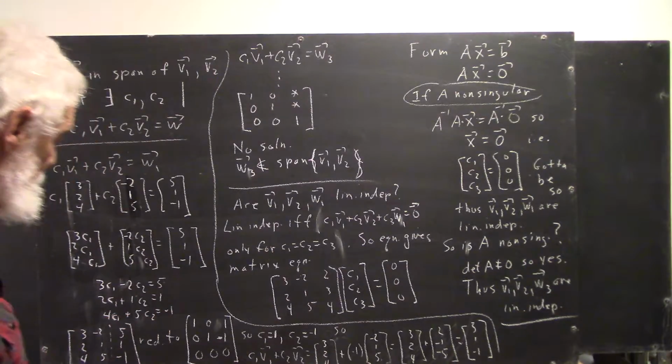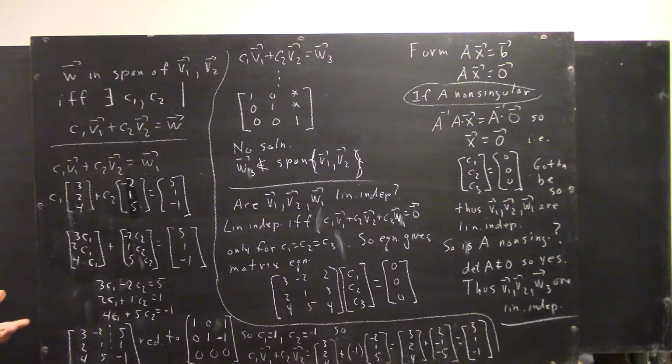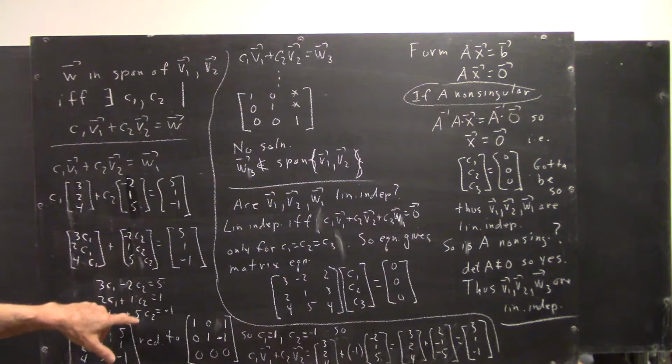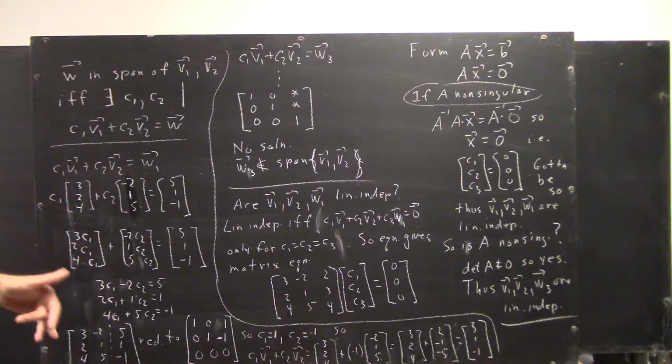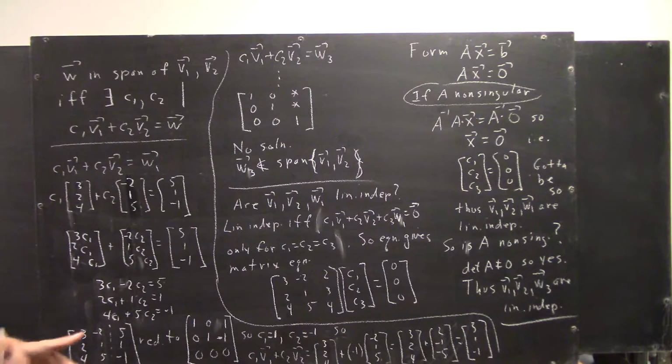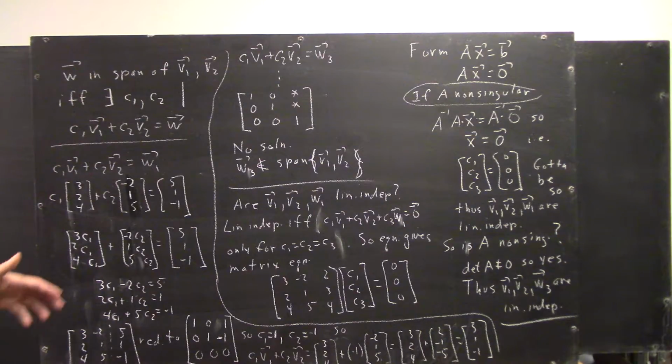Okay, well, this gives us an augmented matrix. We could also write it as a matrix equation. We don't get a square matrix, so we can't think of inverting the matrix. In other words, the matrix that we get from these coefficients would be a 3 by 2 matrix instead of a 3 by 3 or a 2 by 2 matrix, and we can't invert that, so there's no point in writing this as a matrix equation, at least as far as getting the solution.